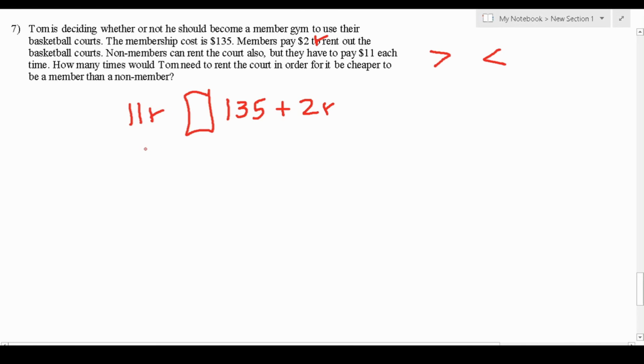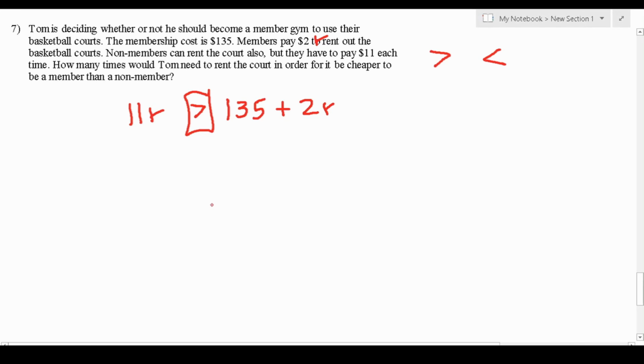Again, R refers to the number of times you rent the court. So now we have our equation written. That said, he wants his membership plus the number of times he rents the court to be less than just renting the basketball court. So we're going to use that inequality there.